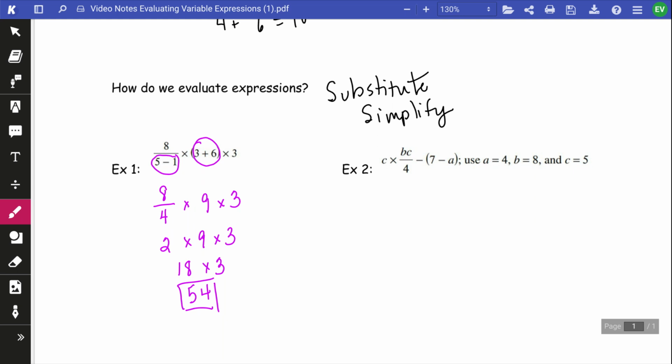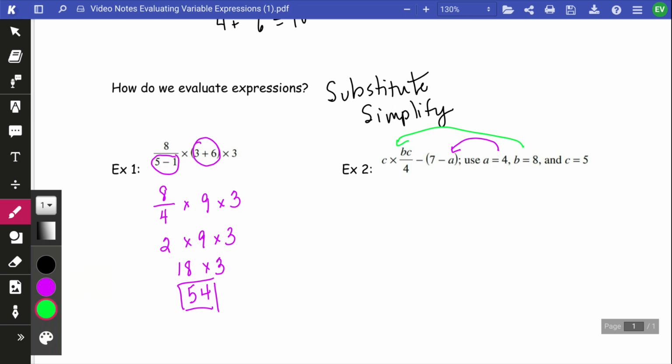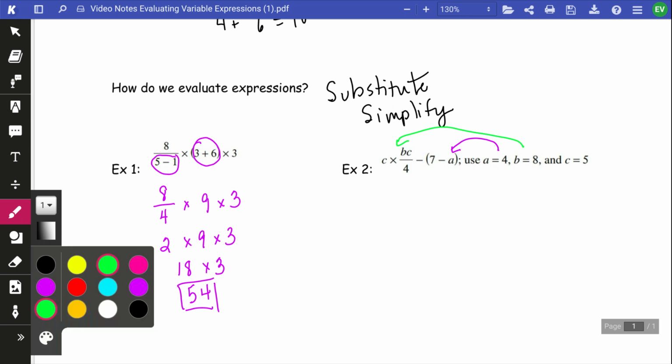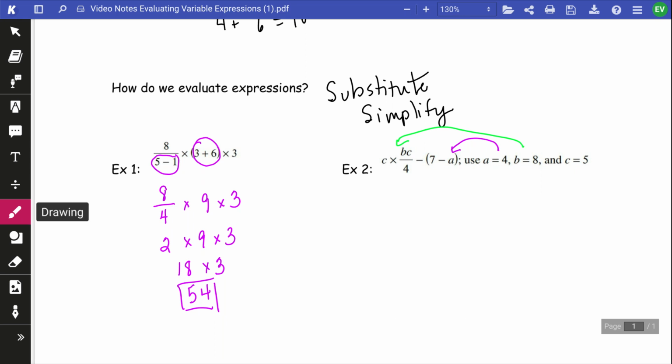So the next one, we've got B's and C's and A's in this one. So make sure that you substitute the right value for the right variable. So A is 4, and then we have B is 8. Let's change our color for B. So we have a B here. And we also have a C. So C goes here and here.